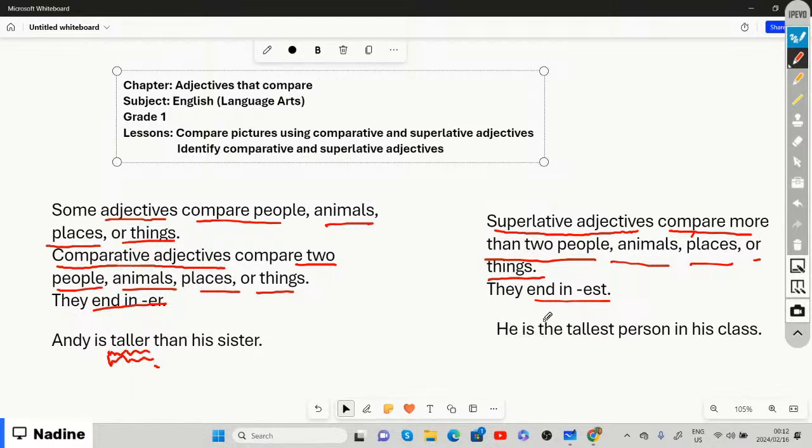And we made an example where we said he is the tallest person in his class.